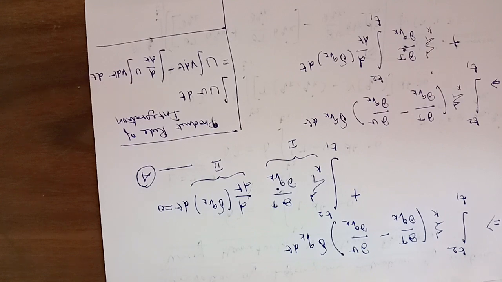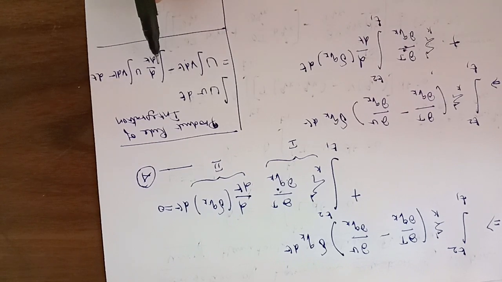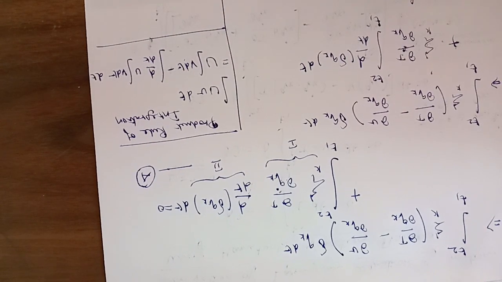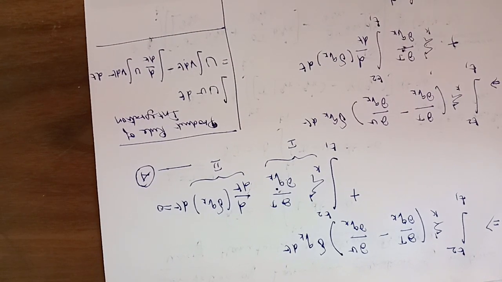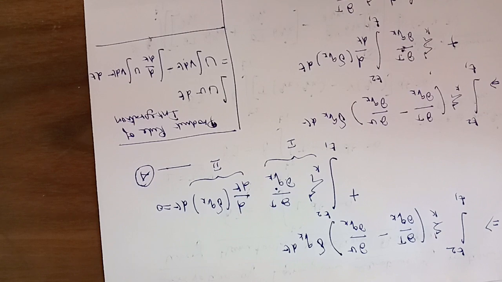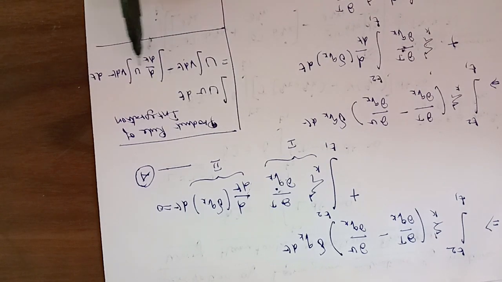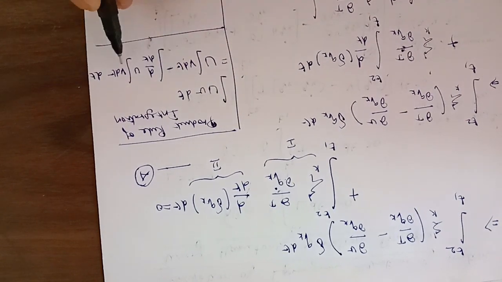Okay. Then what will come? Minus integral d by dt of u. U is nothing but summation of K dou T by dou QK. Integral v dt.